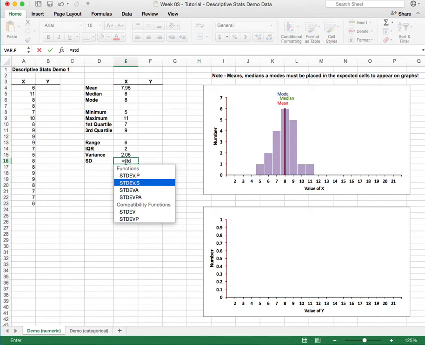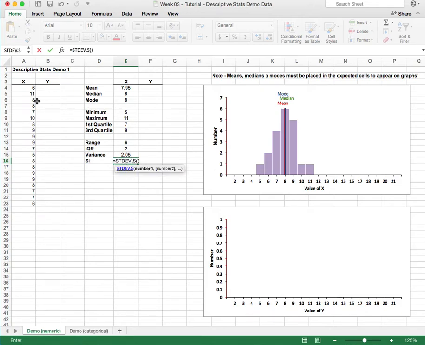But let's try and use the more modern versions of these formulas. So we'll want STDEV.S, that's standard deviation of our sample. And again, we want our range. You could copy that in, you could drag, whichever way works best for you. Okay, so now we have our variance and we have our standard deviation.